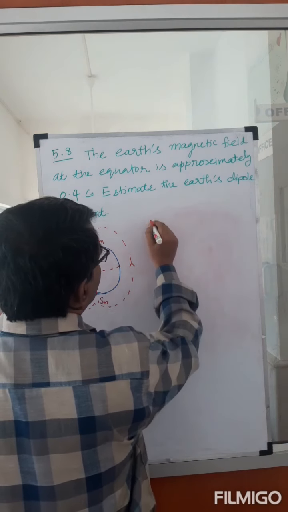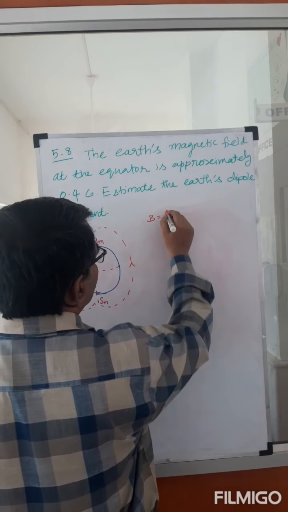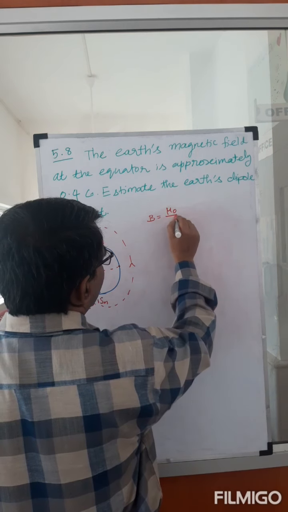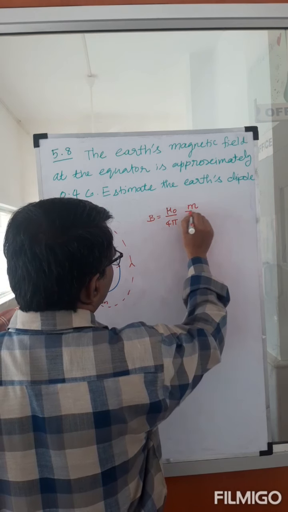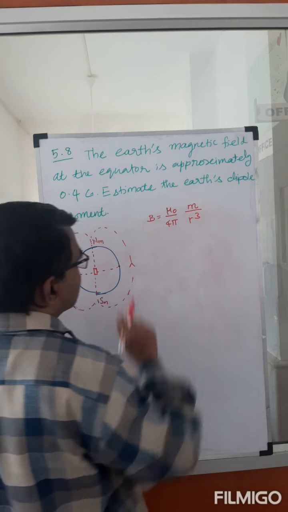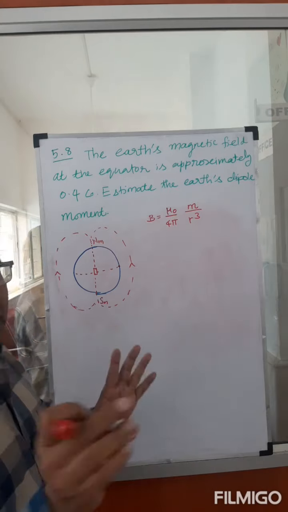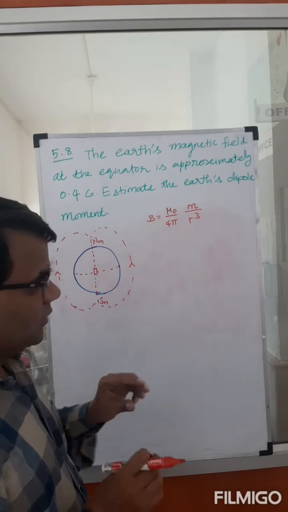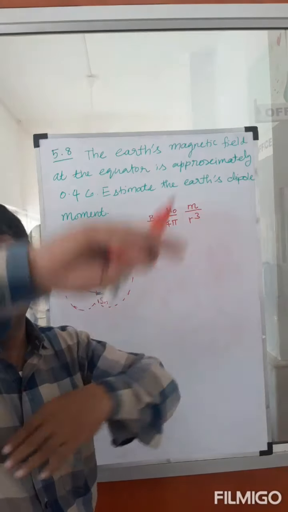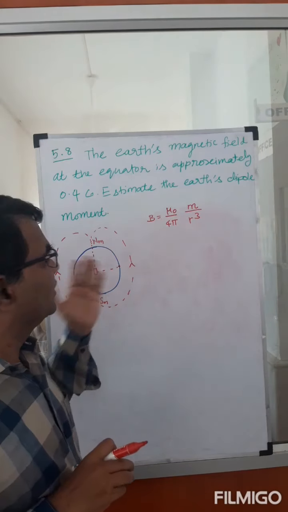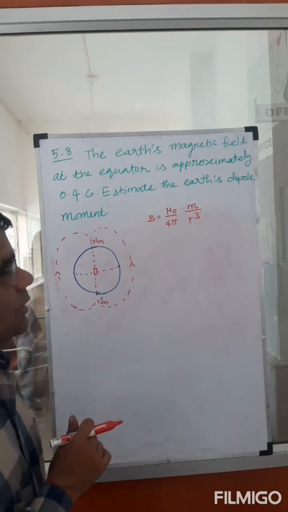B here is equal to mu naught by 4 pi into m, which is the magnetic moment, by r cube. So this is the expression. We've already come across that. Assume that there is a magnet here, and you're finding the magnetic field at a far off point which is on the equator, and this is the expression for it.